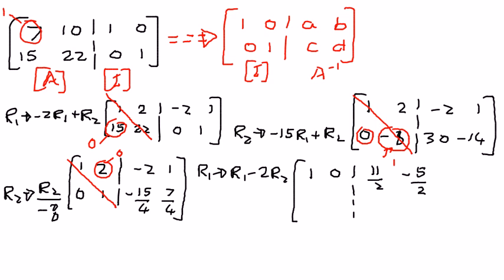And in the second row, we have the elements 0, 1, negative 15 over 4, and then 7 over 4, like that.